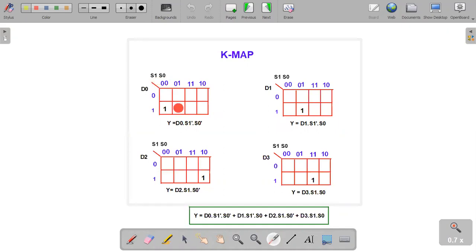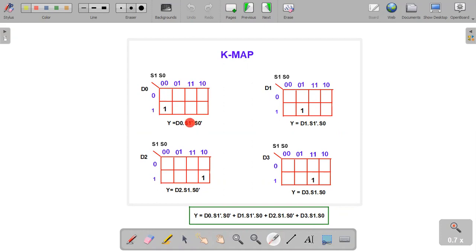Here we can see the K-map for D0. When both S0 and S1 are 0 and only D0 is 1, we have output 1. So we map that 1 in the place which has the value 1, 0, 0. Then by grouping, we have a single 1, which gives the output D0 S1 bar S0 bar, because both are low.